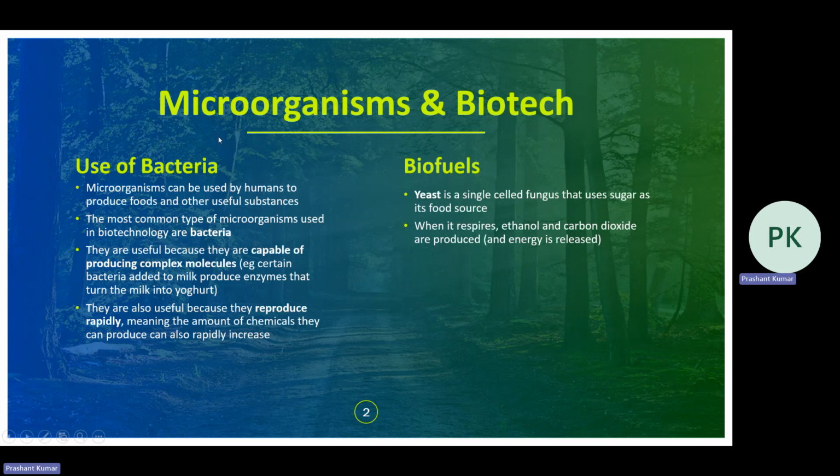So microorganisms can be used by humans to produce a variety of things like food and medicine, right? And the most common type of microorganism which we use in this field is bacteria.